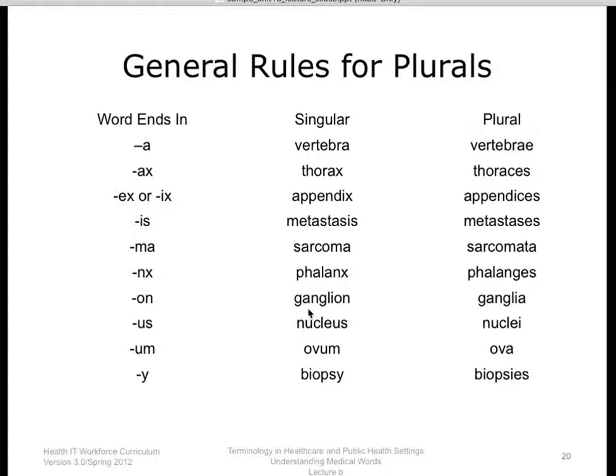ON, such as ganglion, gets converted to ganglia. Nucleus, US, gets converted to I, so it becomes nuclei. UM, as in ovum, becomes converted to an A, so it becomes ova. And Y, such as biopsy, becomes a common plural as we know it, biopsies, IES.